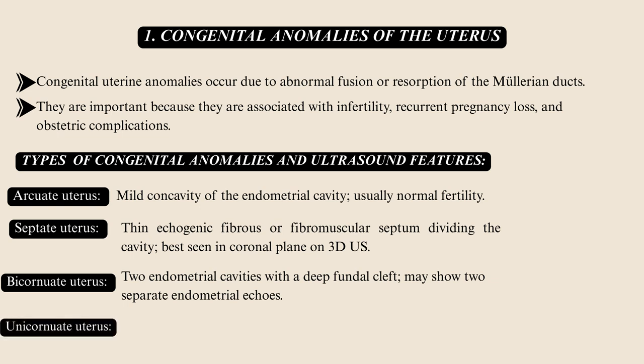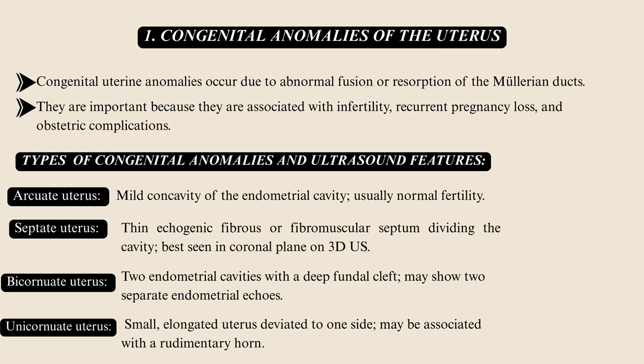Then is unicornuate uterus, small elongated uterus deviated to one side, may be associated with rudimentary horn. Then is didelphys uterus, in which there are 2 completely separate endometrial cavities and endocervical canals.